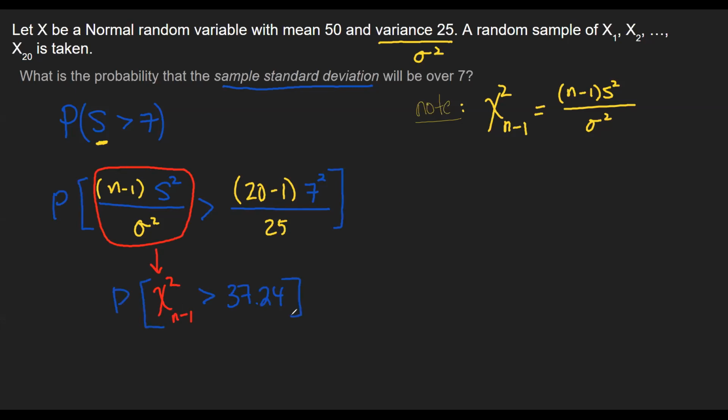So the original question is, what's the chance the sample standard deviation is over 7? After our standardization, we converted the sample standard deviation to a chi-squared. And now that it's in this chi-squared form, we will hop over and look at the chi-squared table. So what we want is the probability that chi-squared is bigger than 37.24.